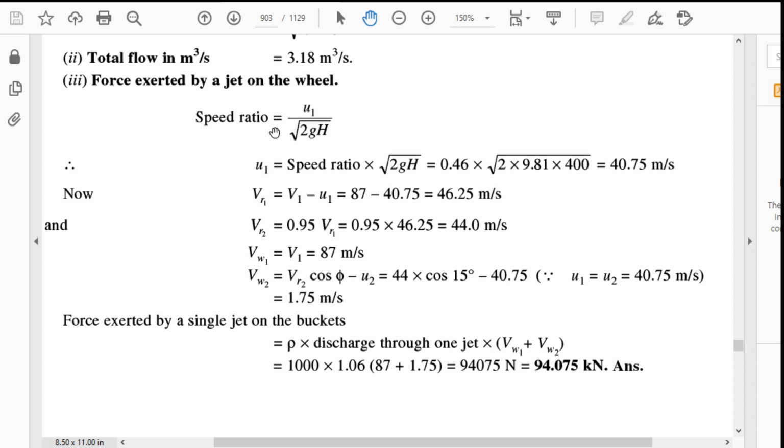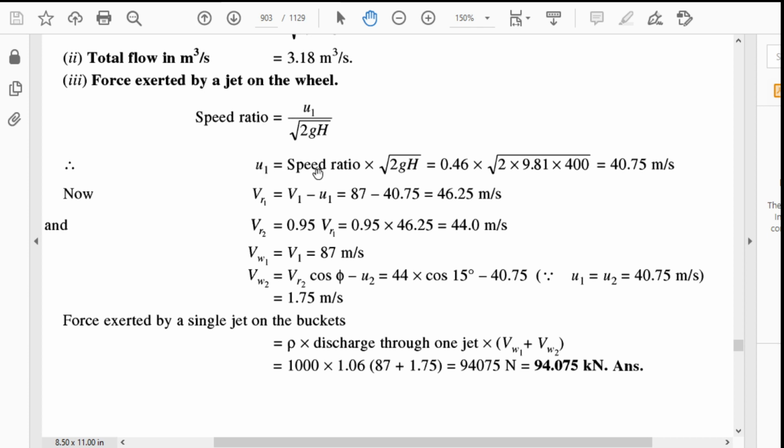Now here, the speed ratio is given. Using the expression u1 or u equals phi into root 2gh, so phi equals u1 upon root 2gh.